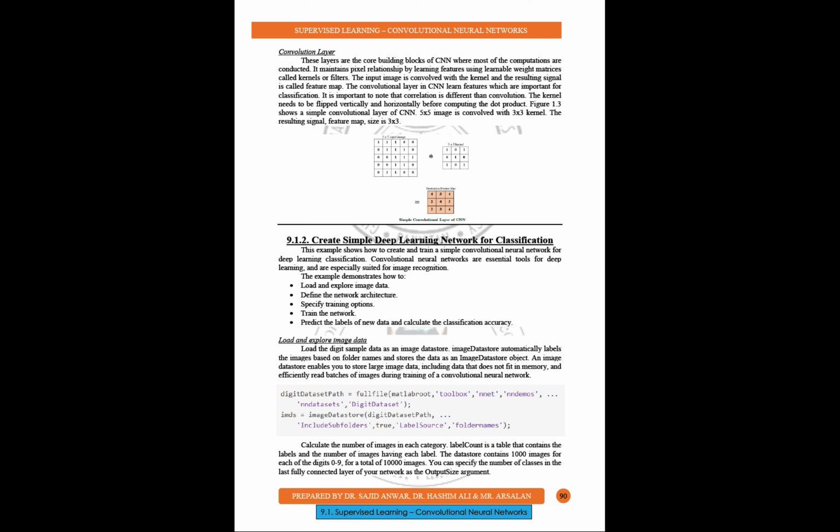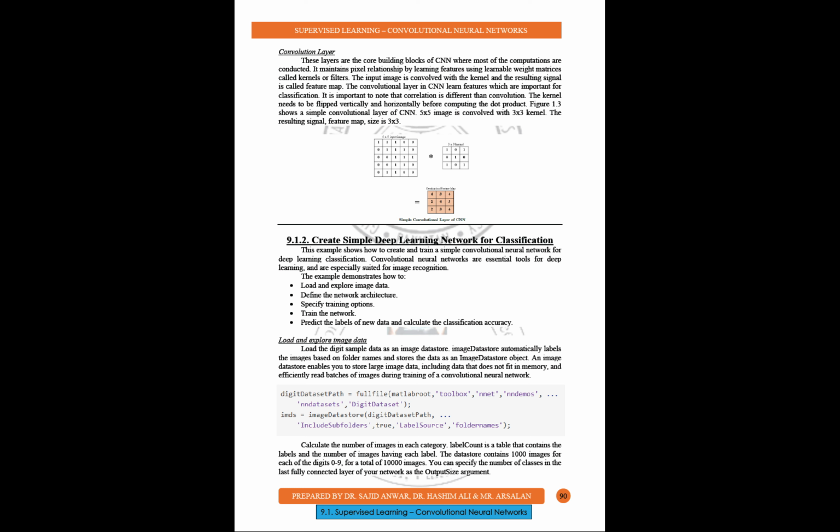It is important to note that correlation is different from convolution. The kernel needs to be flipped vertically and horizontally before computing the dot product. The following figure shows a simple convolutional layer of a CNN. A 5x5 image is convolved with a 3x3 kernel, and the resulting feature map is shown in size 3x3 over here.